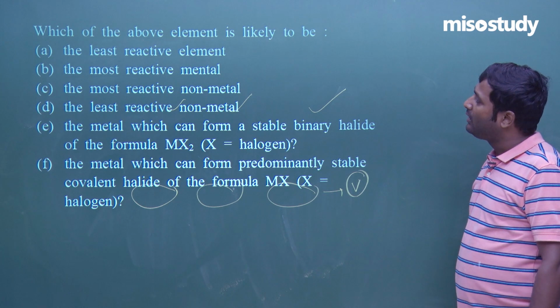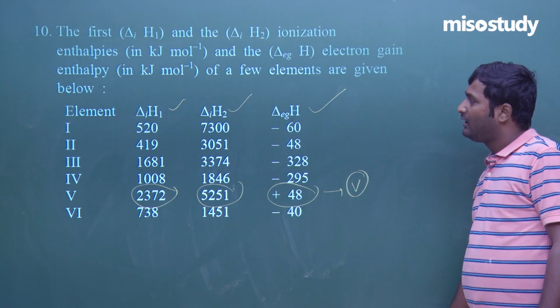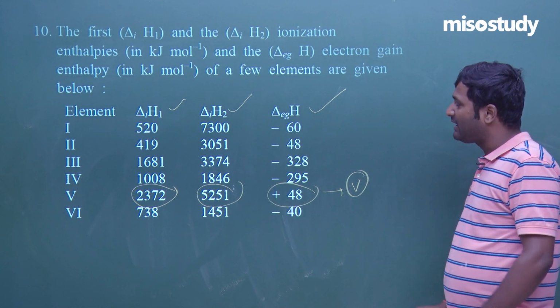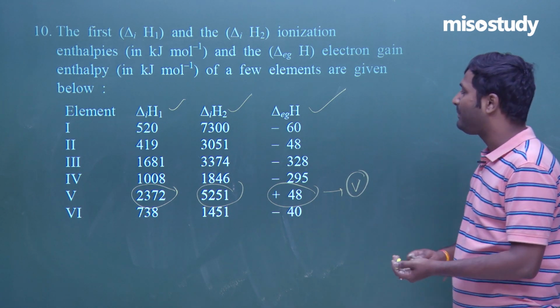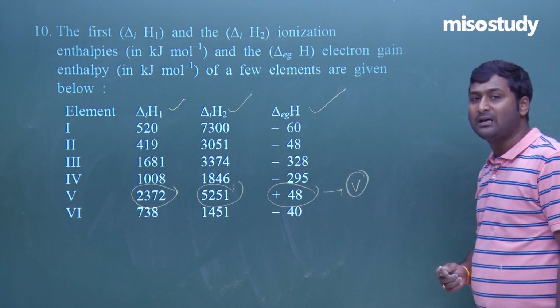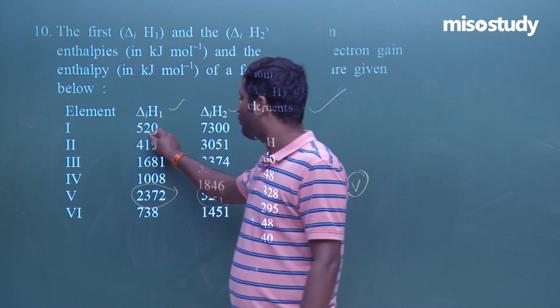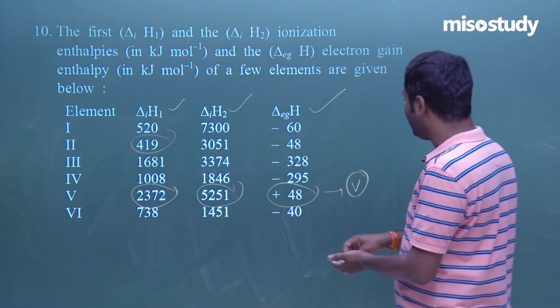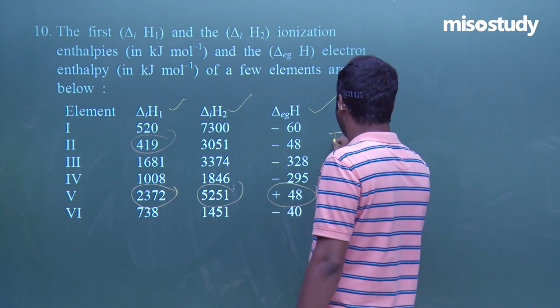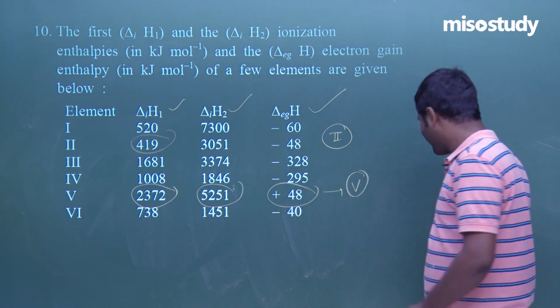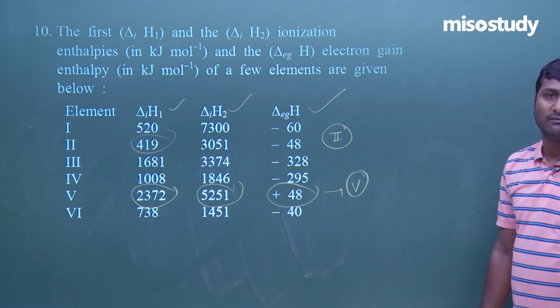Clear? Now the most reactive metal. What is the most reactive metal, my friend? Low value of ionization energy will be the most reactive. Look at 419, it is the low value of ionization energy. So for question number 2, the second is the correct option, my friend.